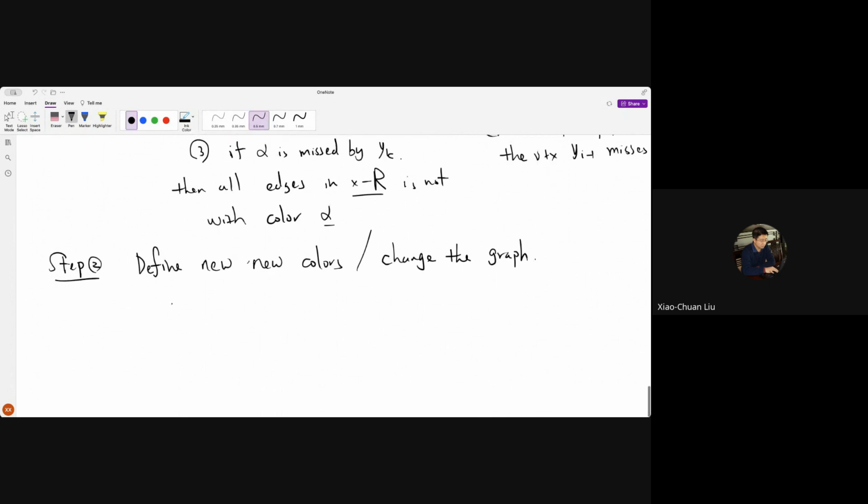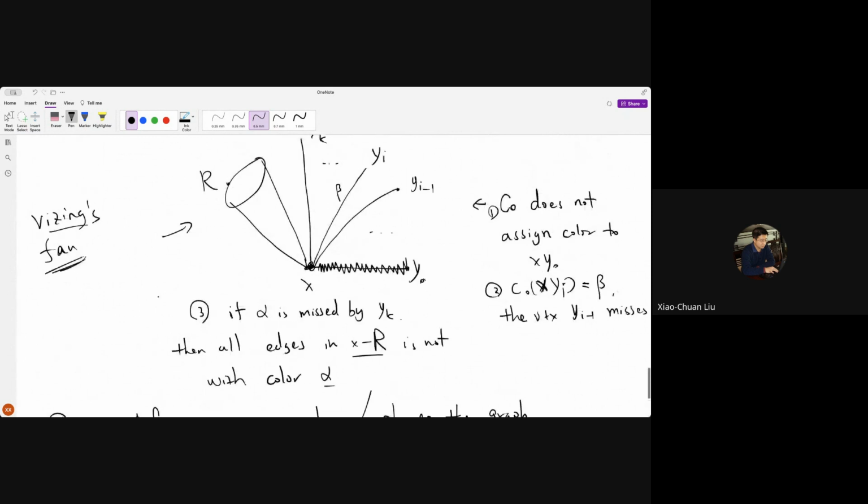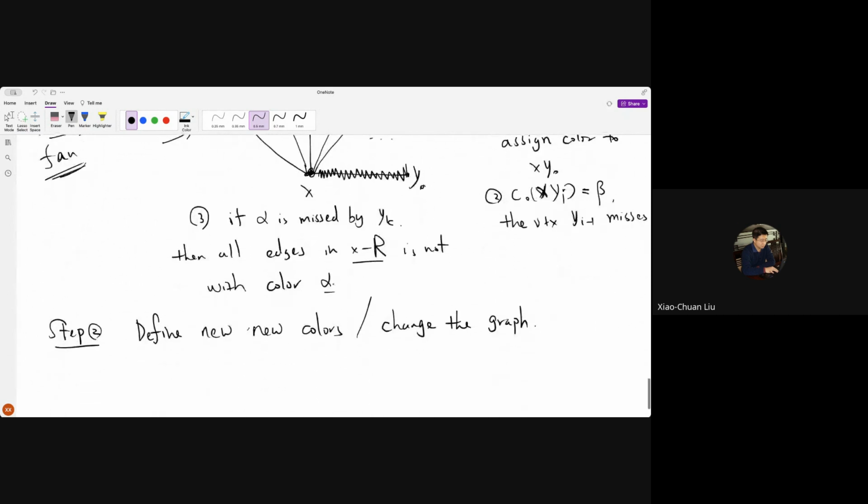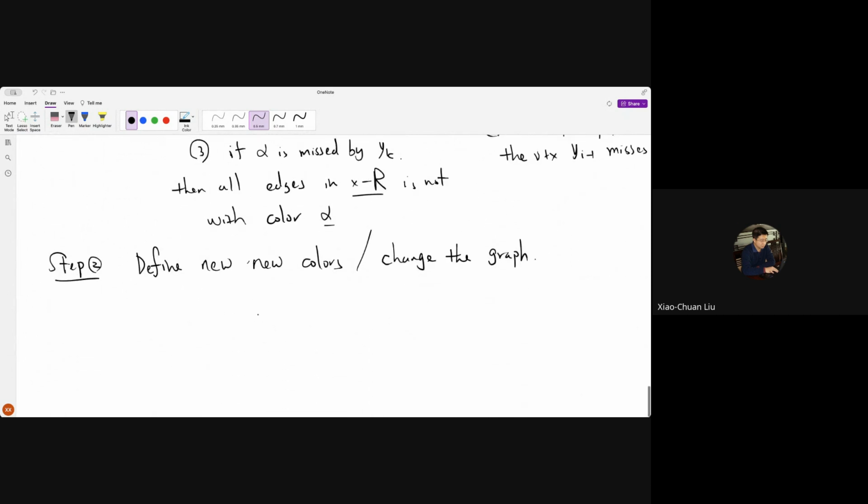So the idea is that, for example, I want to define C1. So how do I define C1? This is the fun here. So this is yk, and probably here is y1. And originally this is y0. Okay, x y0 is not colored, so it's taken out. So I change this graph to this. So I move this edge to x y0.